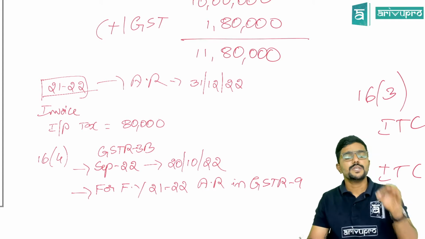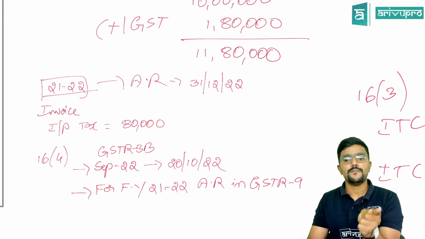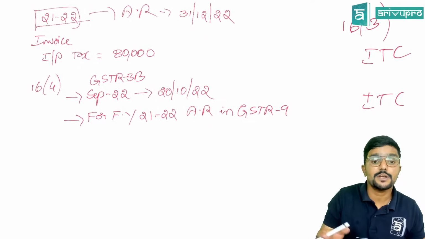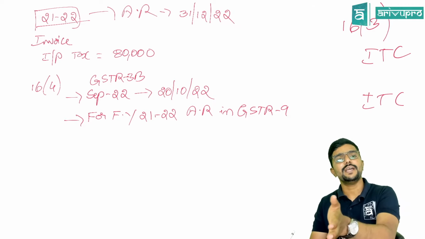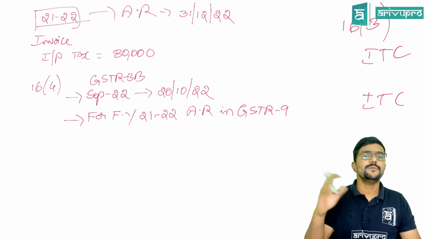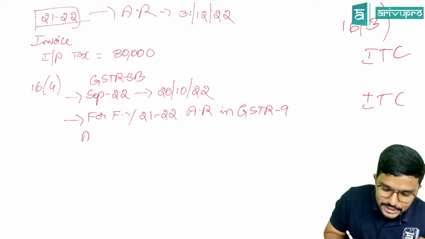I repeat, the due date to file the annual return is 31st December of next year. But they are not talking about the due date here. They are talking about the actual date. So obviously the actual date will be any day on or before 31st December. 31st December is the deadline. Anytime before that you can file the annual return. So here they are talking about the actual date, guys.